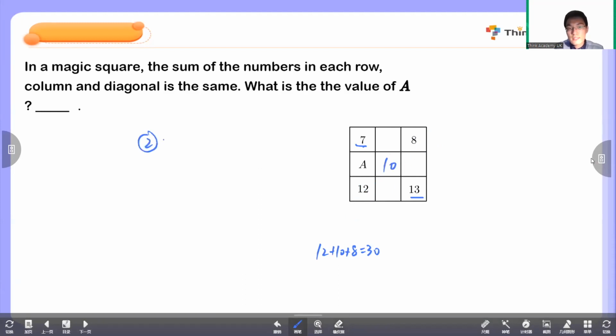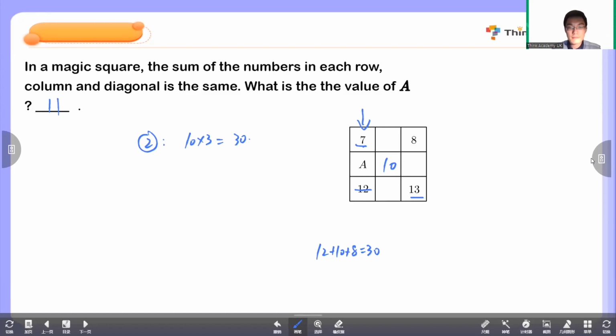The second key point tells us that the magic sum will be the center number times 3. So 10 times 3 will give us directly the magic sum, which is the sum of each row, column, and diagonal, 30. So we have 7 plus 12 in the first column. We have 19, and 30 minus 19 will give us the value of a, which is 11.